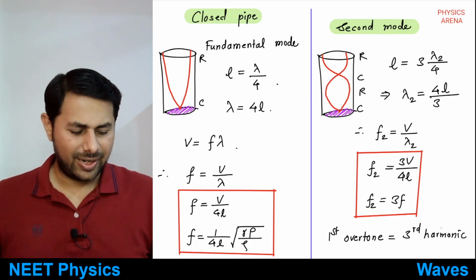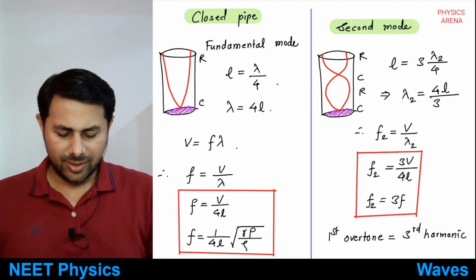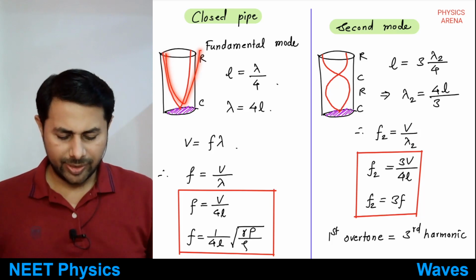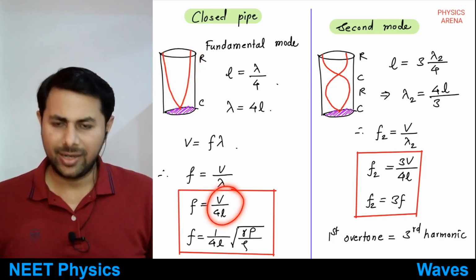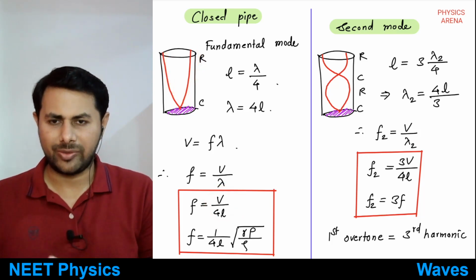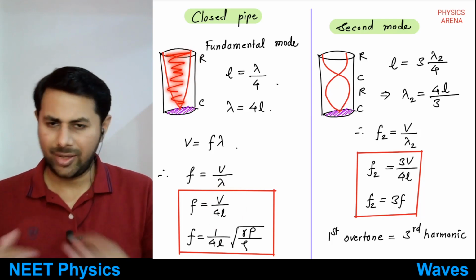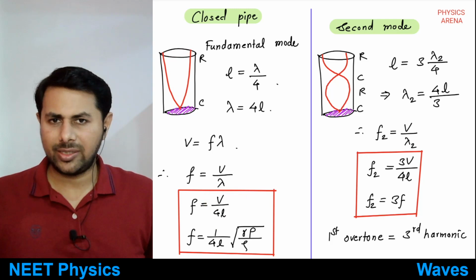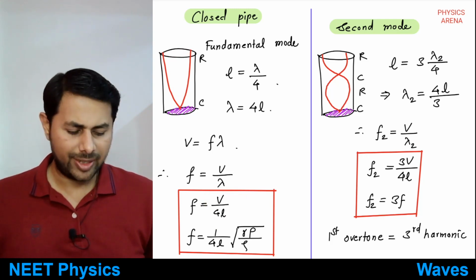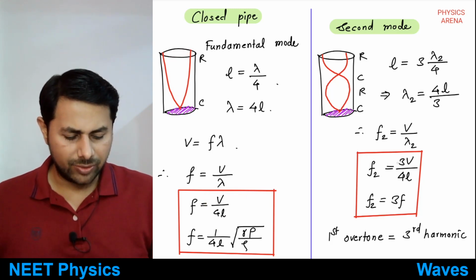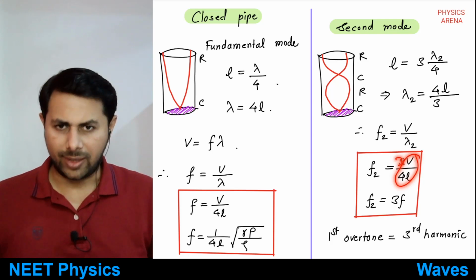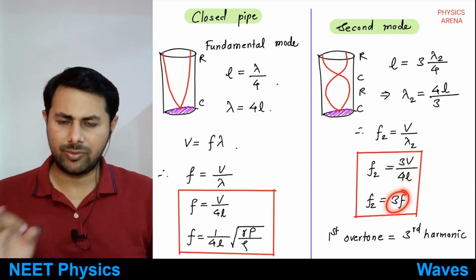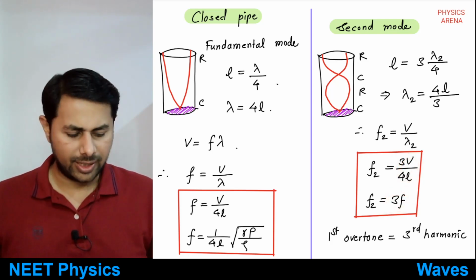Okay, and see, first, what is the frequency? It's V divided by 4L. It's the first frequency. This air column can vibrate with this much frequency. Then with what frequency can it vibrate? It can vibrate with frequency equal to 3 times V upon 4L. Okay, so this is equal to 3 times F, right?